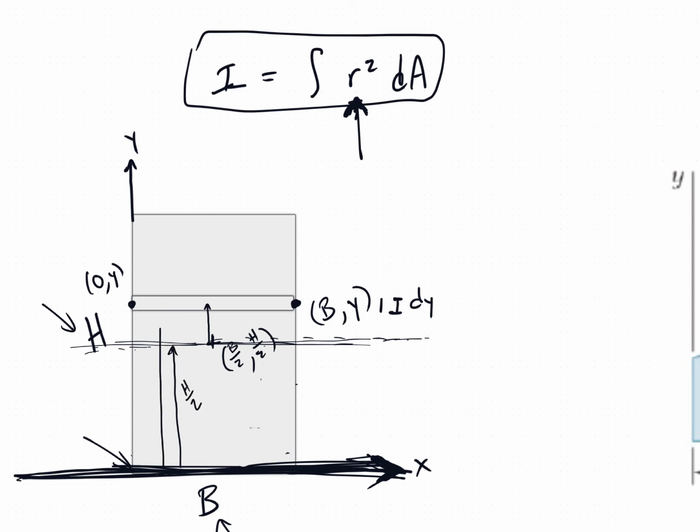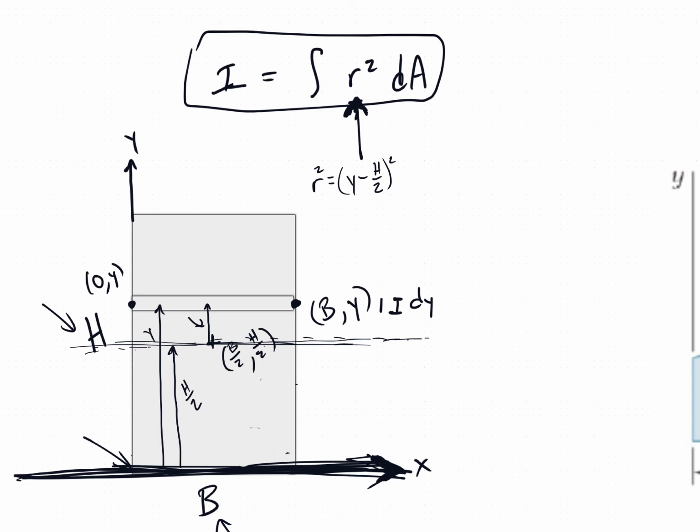Okay, we know this distance is y. So this distance right here is y minus h on 2. Okay, so this is going to be y minus h on 2. That's r. Okay, so r squared is going to be that squared. So we could square that, square this.